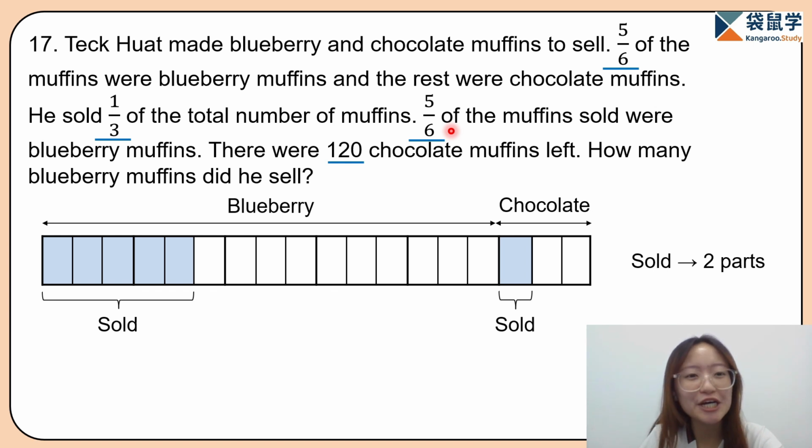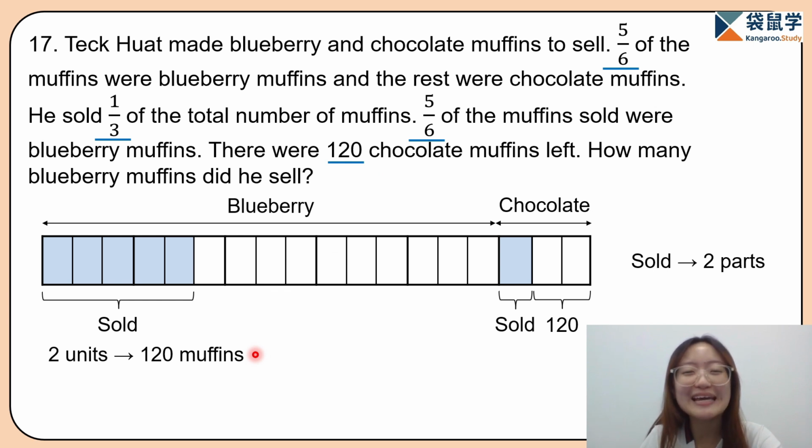Now, from the question, we were given 120 chocolate muffins left. So, it will be over here on our model. Now, how many units is this? 2 units. So, 2 units will be 120. With this, what can we find? 1 unit, which will be 120 divided by 2, giving us 60 muffins.